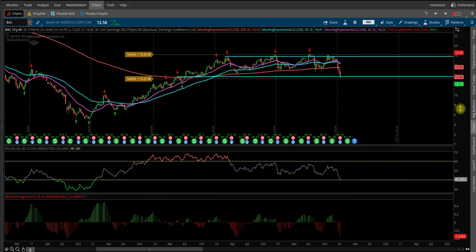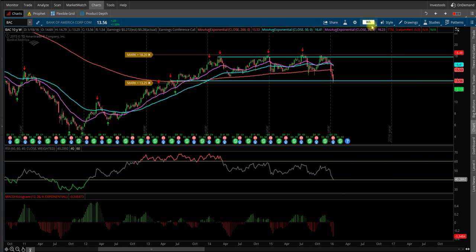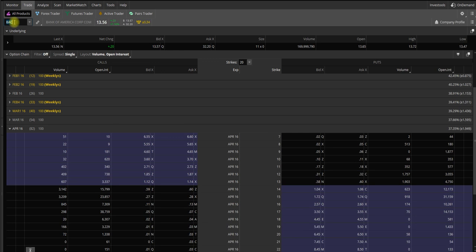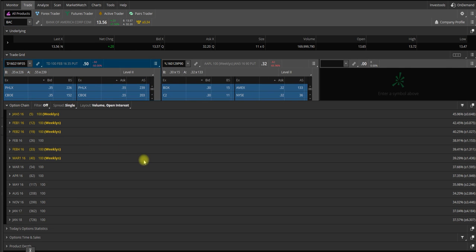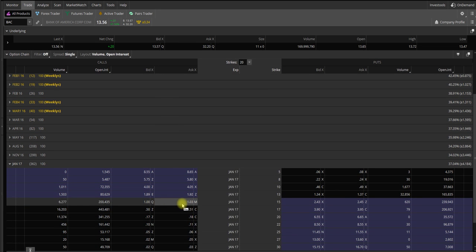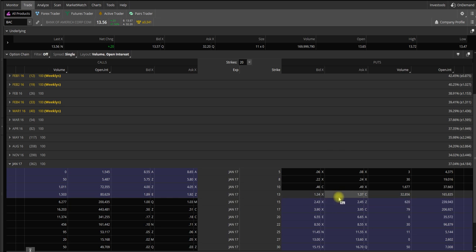So there it is. I know it's on a longer term chart, but the options are so cheap on Bank of America, because the stock is priced so little. Even if you go out to January of 17, 362 days left on it, you're talking about $1.34, $1.37, and look at this.